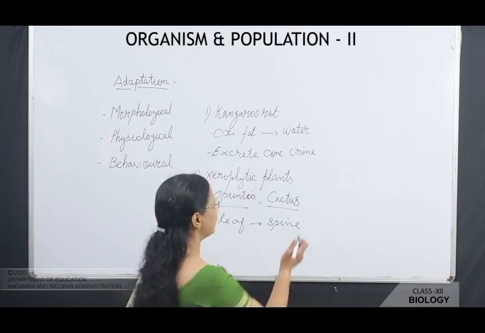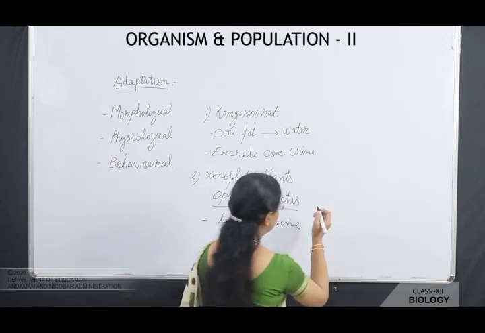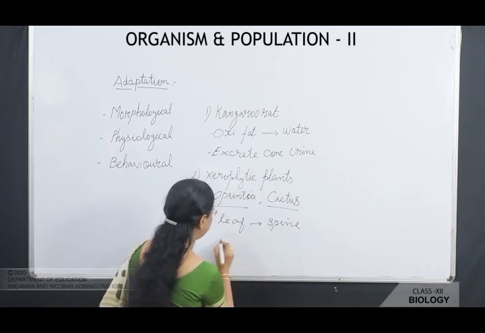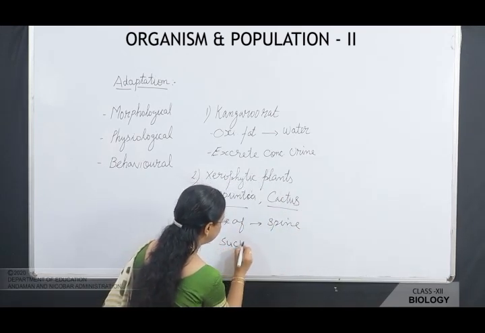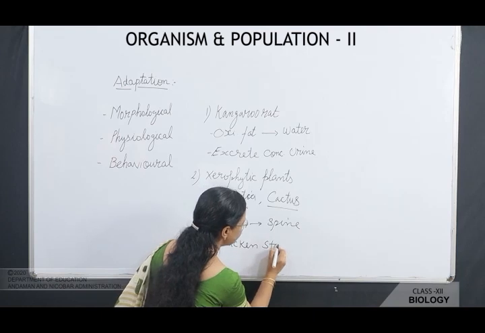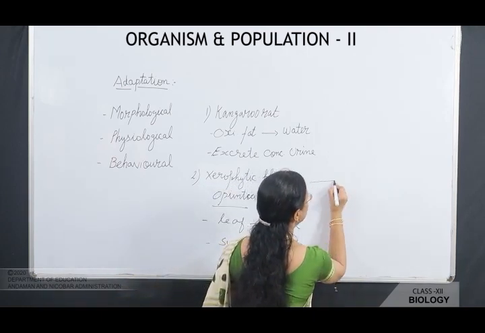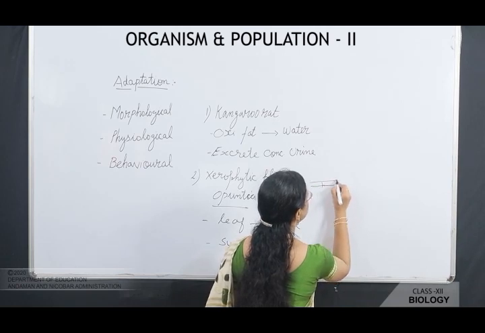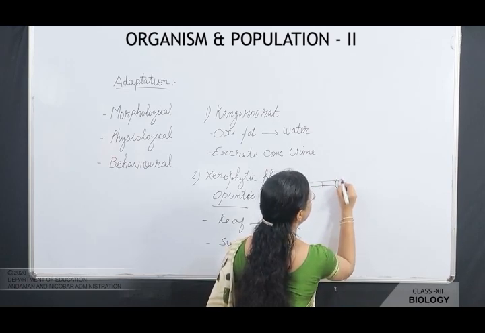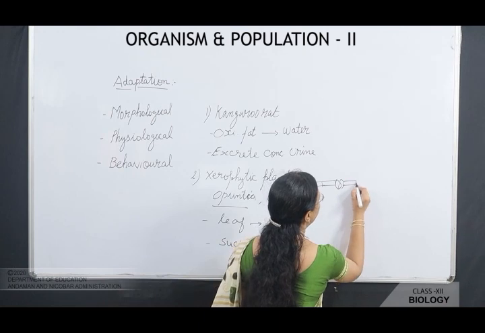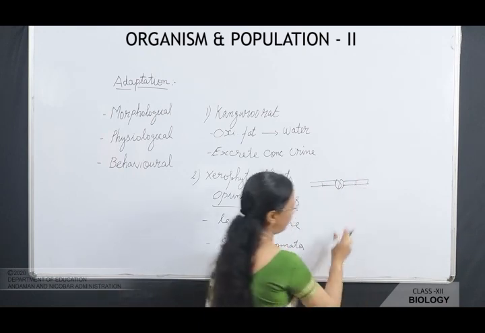Moreover, we can see in this desert plant sunken stomata. What do you mean by sunken stomata? Stomata are present on the surface of the leaf like this. Okay, on the surface of the leaf. But in the desert plant, what happened?